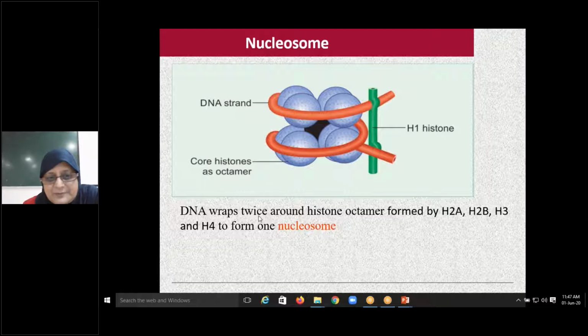When the DNA wraps around the histone octamer, it forms a nucleosome.